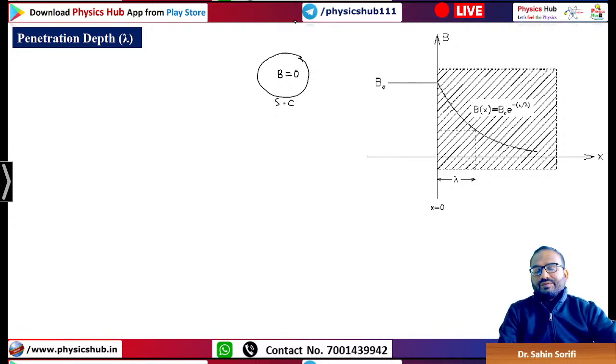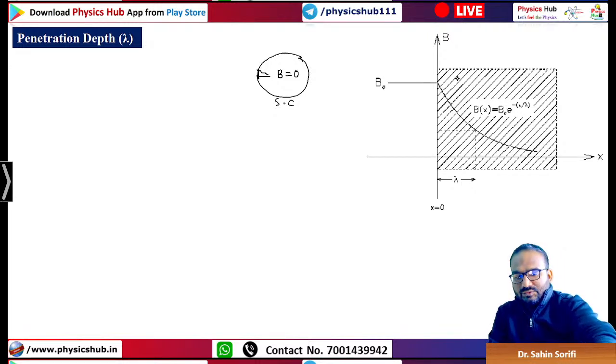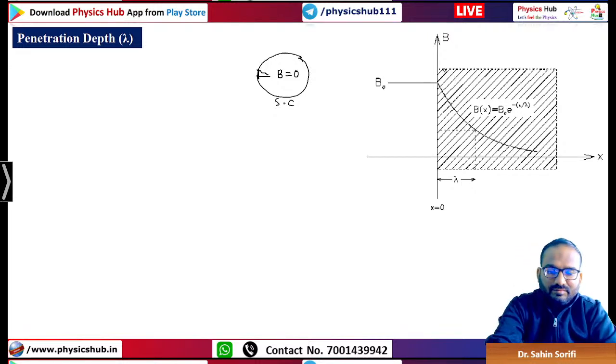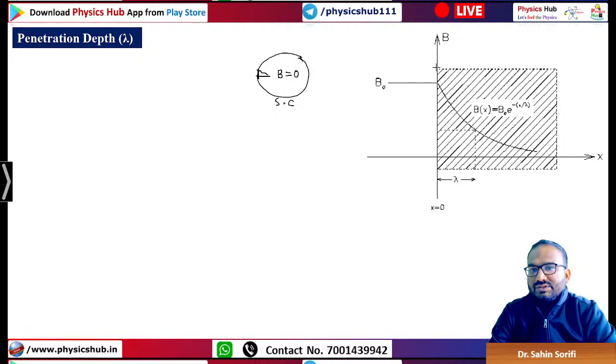According to him, the magnetic field does not suddenly drop to 0 at the surface, but it slowly drops. In this picture it is shown very clearly. This is the magnetic field outside, B naught, and this portion is the superconductor.